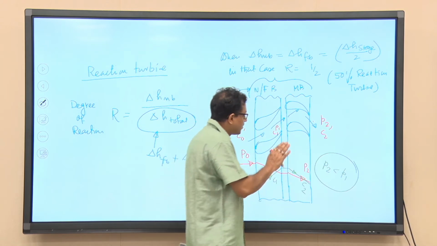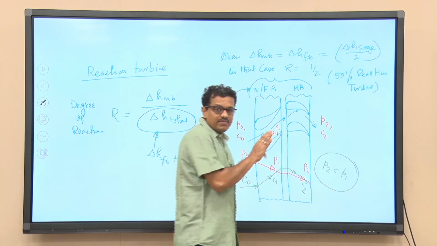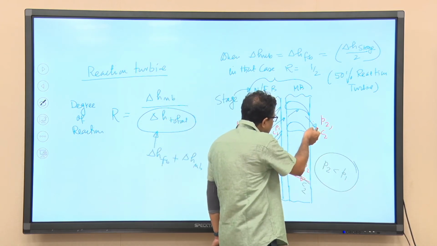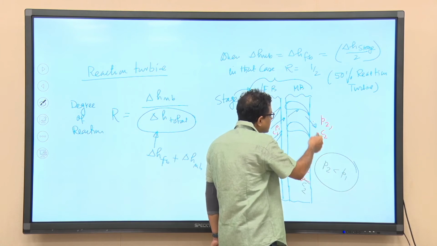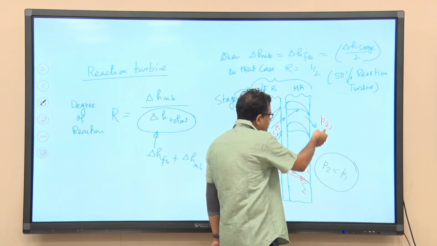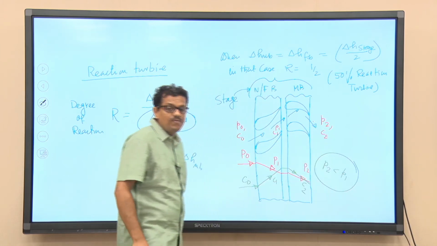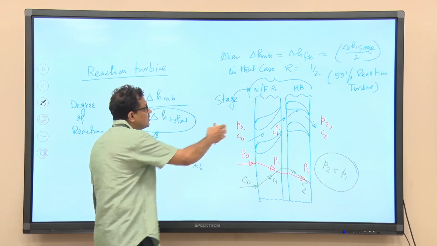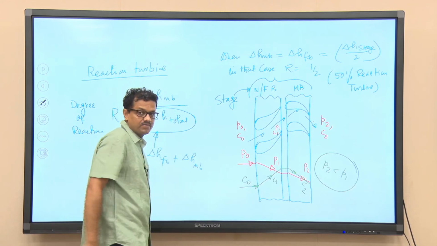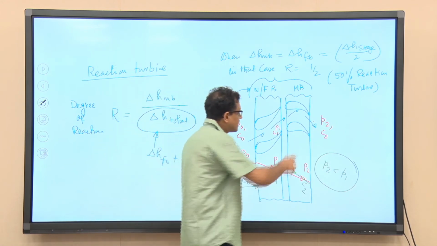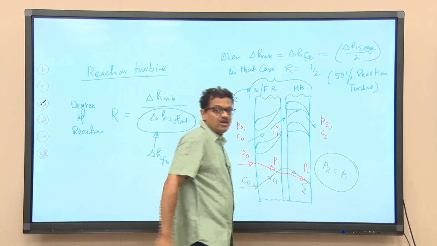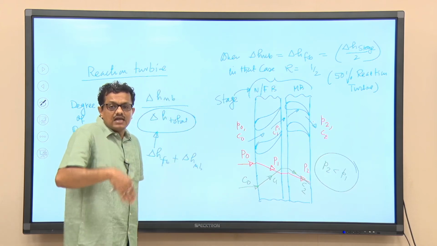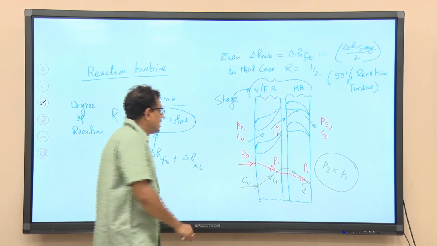So, that is what I discussed in the last class, but now only to discuss why. You can understand the absolute velocity leaving the first row of moving blades will be even higher than the absolute velocity entering the first row of fixed blades, and since the absolute velocity is higher and blade velocity is fixed, the resultant relative velocity will be higher, right.